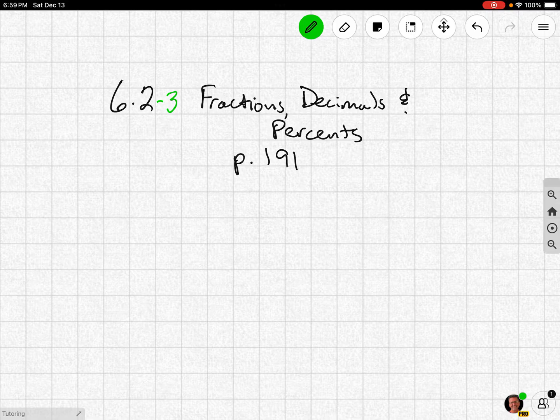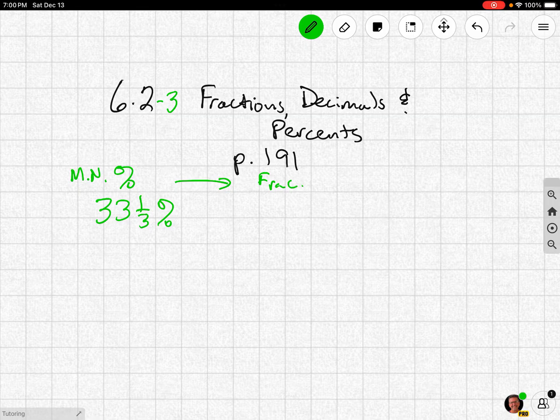The problem that they give you is 33 1/3%. How do I change that back into a regular old fraction? This is a mixed number percent. So this is a percent, and it's in the form of a mixed number, and I want to change this back into a regular old fraction, not with a percent sign.